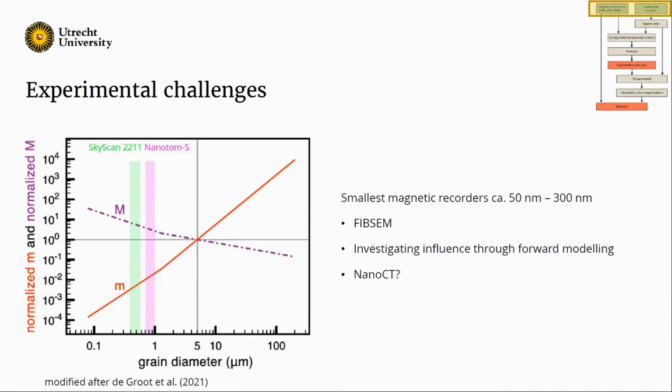If we do, we have a problem. Currently the only option to measure the grains between 50 and 300 nanometers is FIBSEM, which destroys your sample. So that's a bit of a downside. Another option is that the nano CTs will just get better and better over the years, which has happened so far, and maybe we can measure the smallest grains in the end as well.